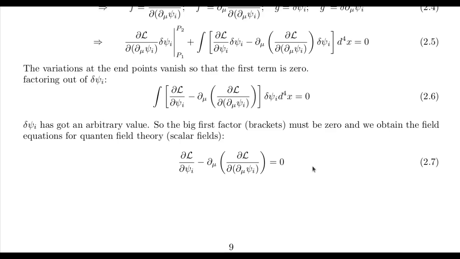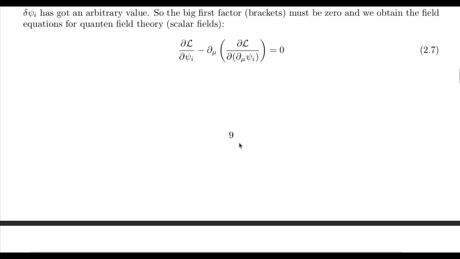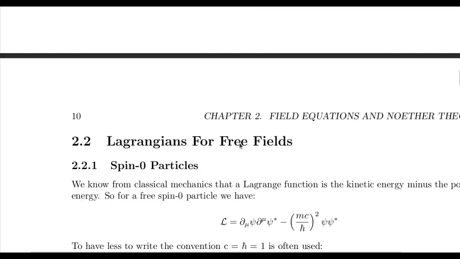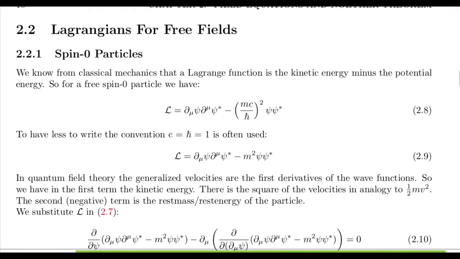Important is to understand the principle here. So now we want to look at the Lagrangians, the Lagrange density functions for free fields. So we begin with spin 0 particles or scalar particles, scalar fields.